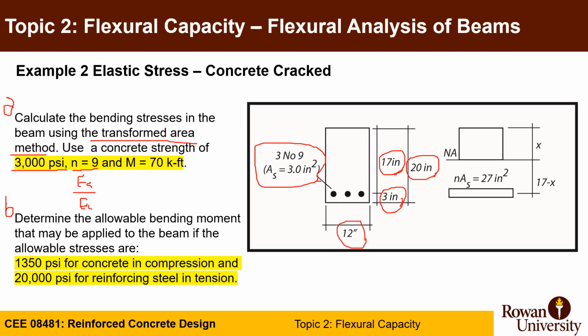You know that it's going to be rectangular, there's going to be an x distance here, we don't know it, and the width here is the same, given 12. And the distance between the neutral axis to the equivalent area of reinforcement will be 17 minus x, which is the structural depth d minus x, and this equivalent area for steel reinforcement will be n times As, which is 27 inch squared.